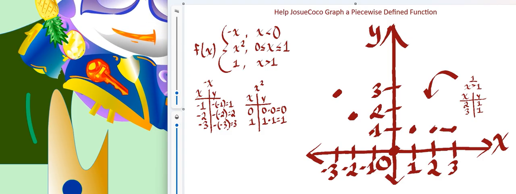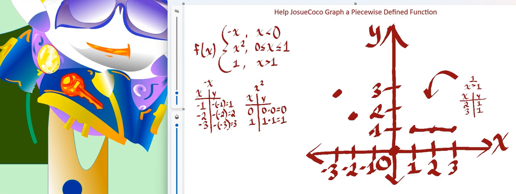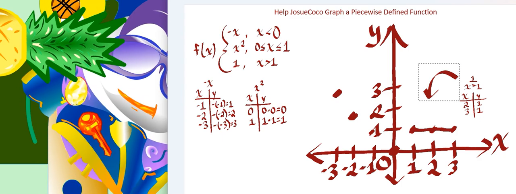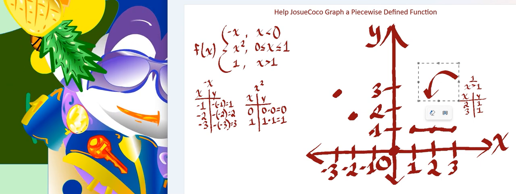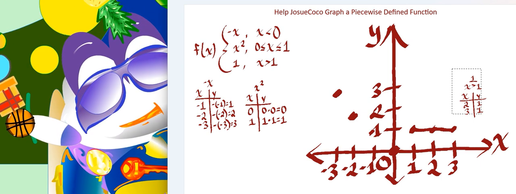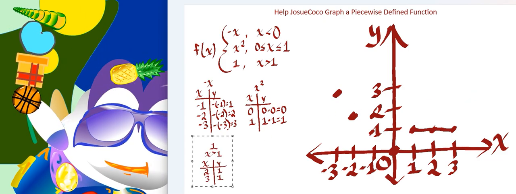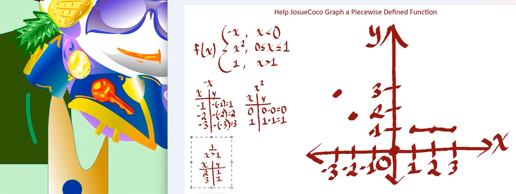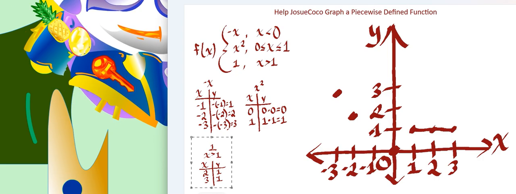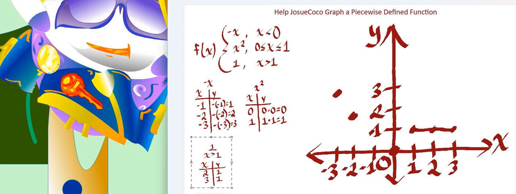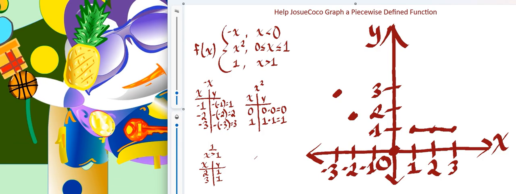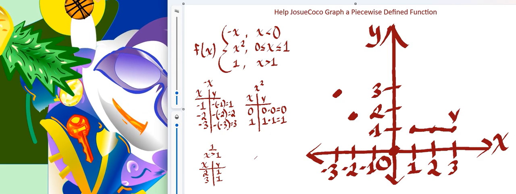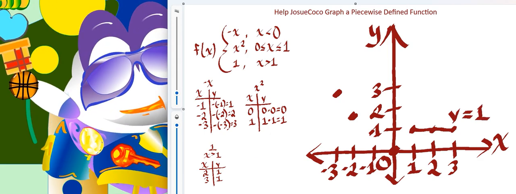We'll start here when x is greater than 1, y equals 1. A straight horizontal line from 1 to 3 in this example. We'll label this line y equals 1.